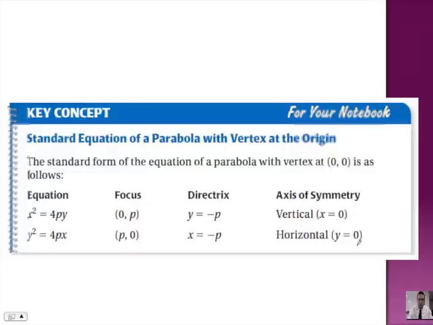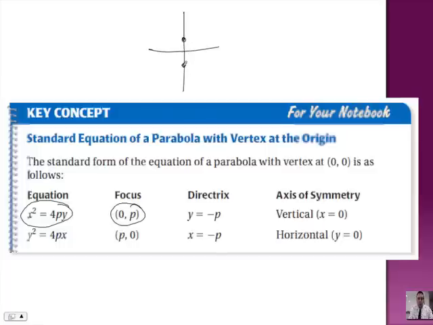All right, now here's some equations. Actually, I told you some. So if your equation is x squared, first thing that should come to your mind is this: it's x squared equals, so therefore it's up or down, right? So that means your focus is always going to be (0, p) because it's always on this line. It's (0, p) up here or (0, p) down here, whatever p is.